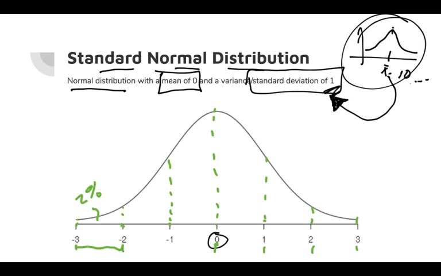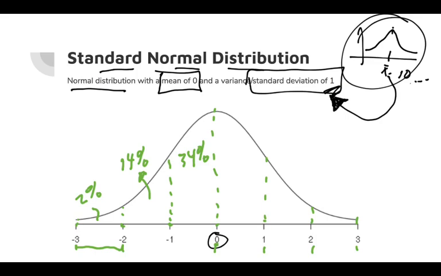Between -2 and -1, this percentage is 14%. And these are approximations, right? They're really decimals, but I'm approximating them, okay? And then between 1 and 0, like I already said, there's 34% of your sample in here, okay?